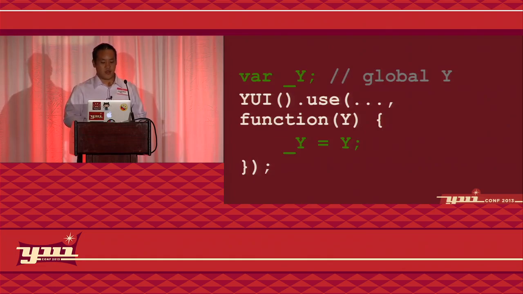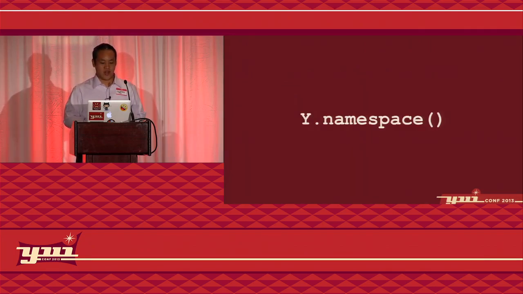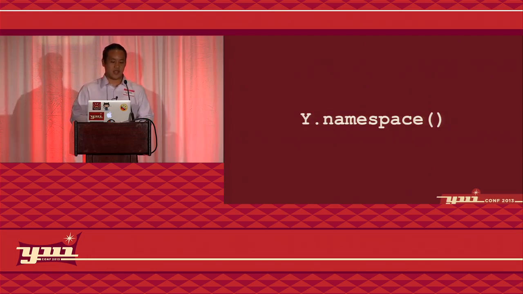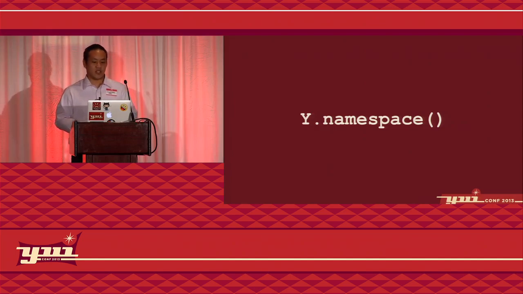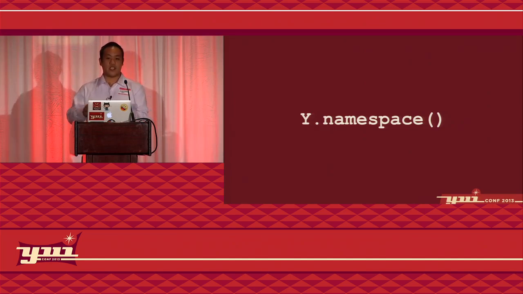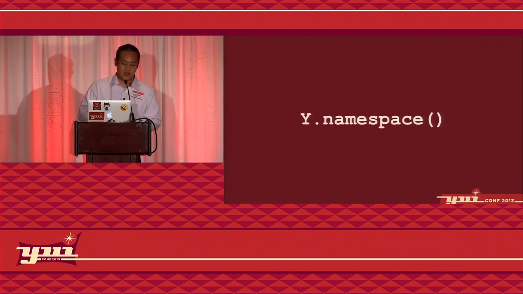So the next thing that we tried was using a global Y object. The problem with this is that it's affected by the JavaScript load order. The third thing we tried was using namespaces. This is pretty good because it allowed us to expose complex functionality to other JavaScript files.